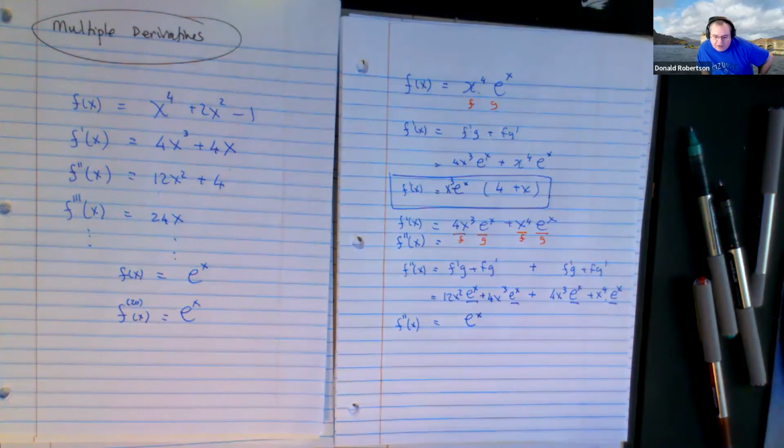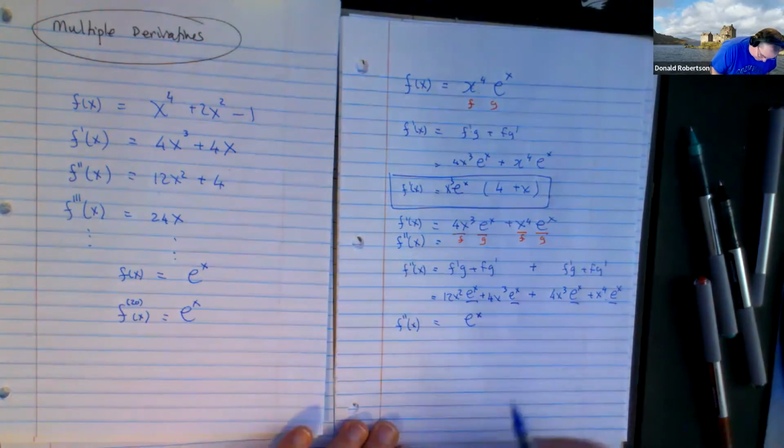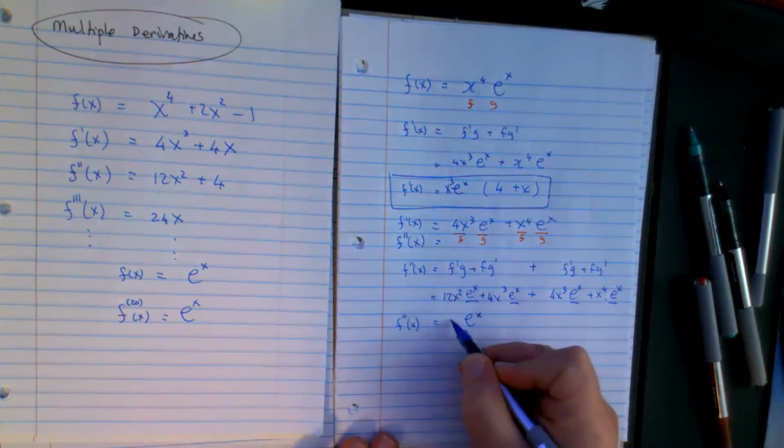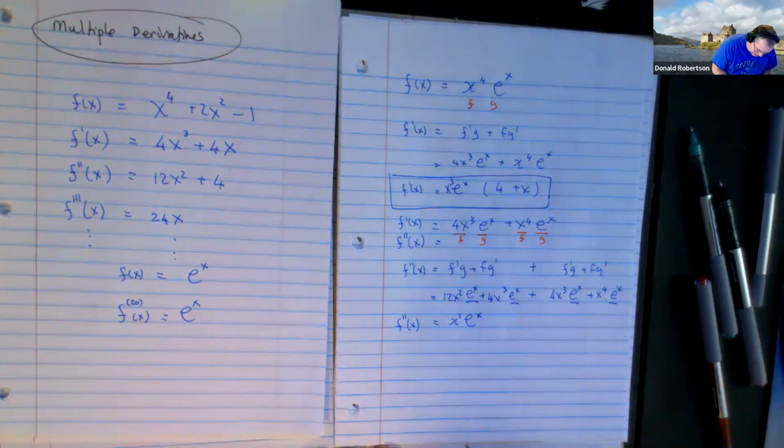What's the biggest power of x that I can pull out of these 4 terms as a common factor? What's the largest power of x? X squared. Agreed. Is there any multiples I can use?